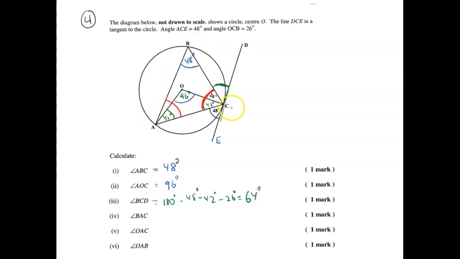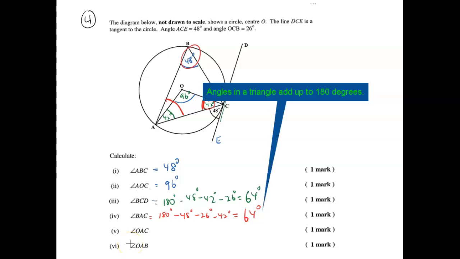So if I look at triangle ABC, I could simply work out VAC by taking 180 minus 26 minus 42 minus 48. So then I will get this angle here, and that works out to be 64 degrees. Of course, the reason for that is angles in a triangle add up to 180 degrees.